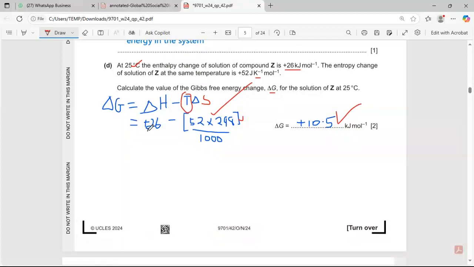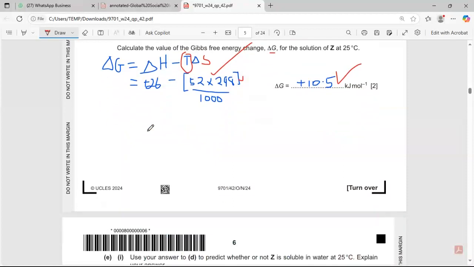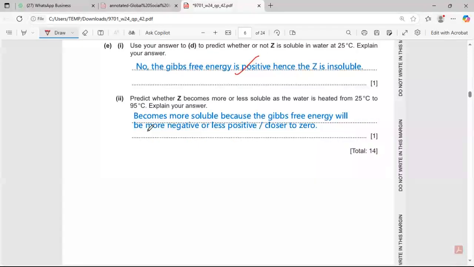As the temperature increases, the Gibbs free energy becomes more negative, or tends to move towards zero. As it becomes more negative, it indicates that the solubility is increasing. So you say it becomes more soluble because the Gibbs free energy will be more negative, or you say less positive or closer to zero, and you will still earn your full mark.